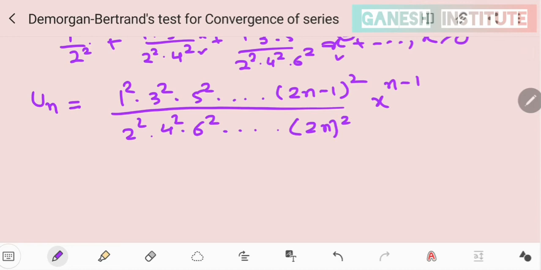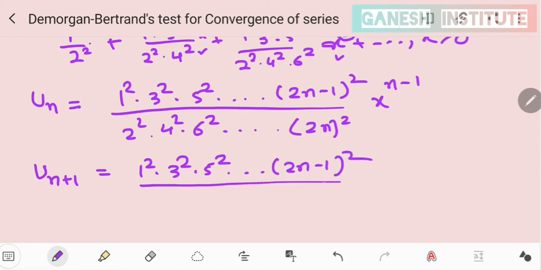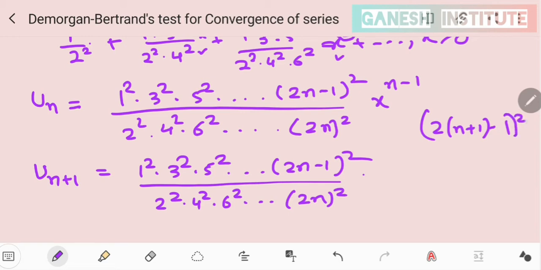Let's try with D'Alembert's ratio test. The second thing which we have to find out is the un plus 1 term. This will be the same up to here, then another term will be added. If you put n plus 1 instead of n here, you will get a whole square: 2 times n plus 2 minus 1, that means 2n plus 1 whole square.